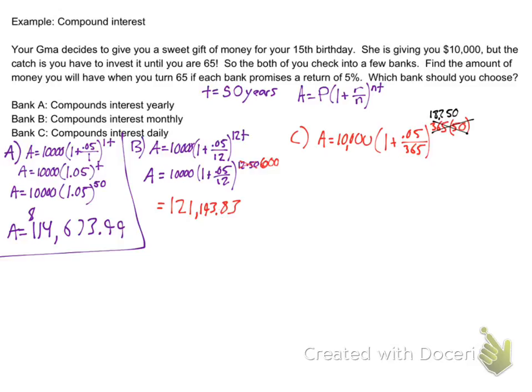So let's go through this one. Take 0.05, divide it by 365. Plus 1, bring that number to the 18,250 power, and times that by 10,000.